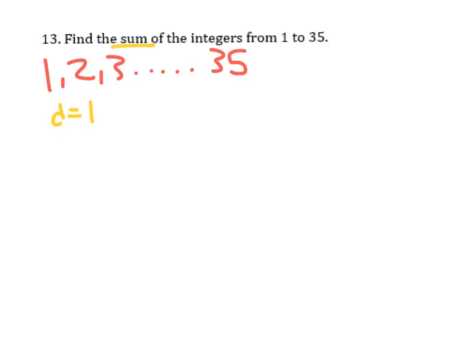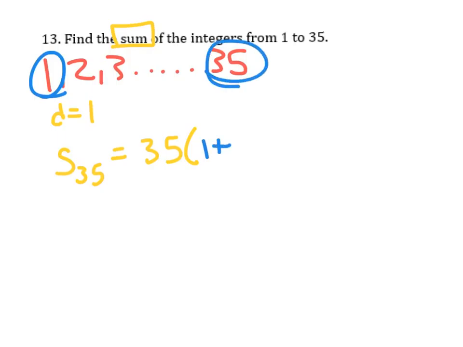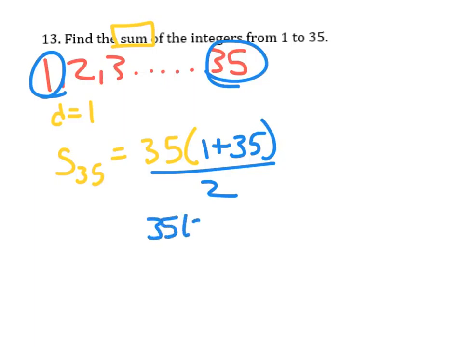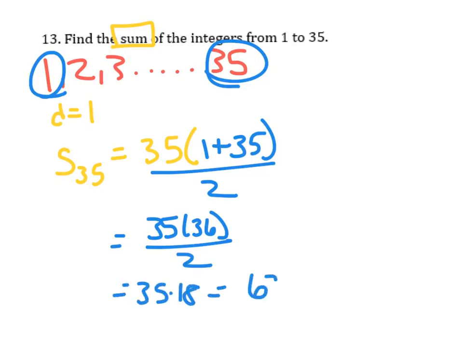But if I want to find the sum, all I need to know, so my sum of 35 terms is my number of terms times my first term plus my last term over 2. So that ends up giving you 35 times 36 over 2, which ends up being 35 times 18, which ends up giving you 630.